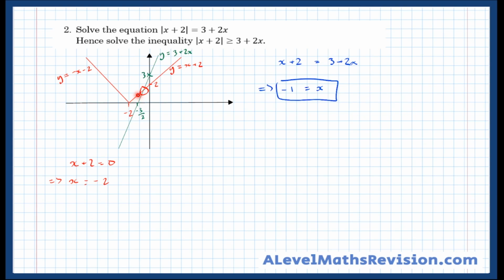The red is directly above the green, and that's what we wanted. So the red is above the green from this point leftwards. So from x equals -1 to the left. Therefore, the solution to the inequality is x is less than or equal to -1. And there's the answer to that second part.